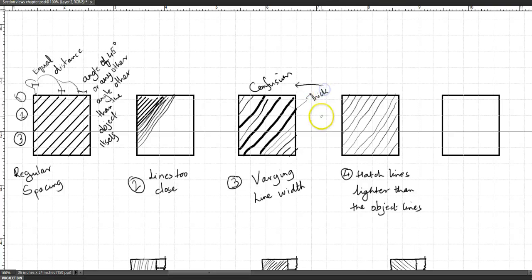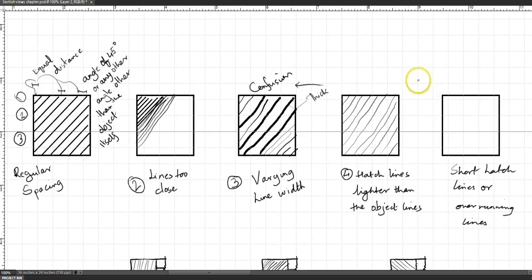Okay, the next one is short hatch lines or overrunning lines.